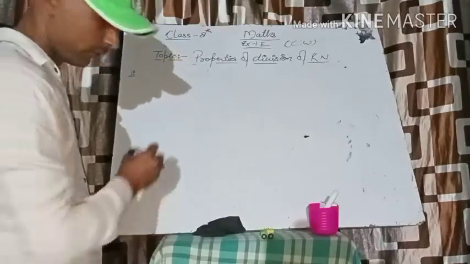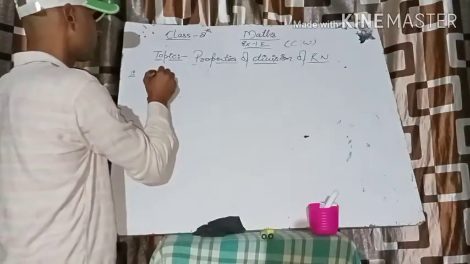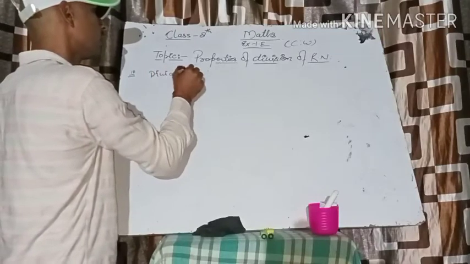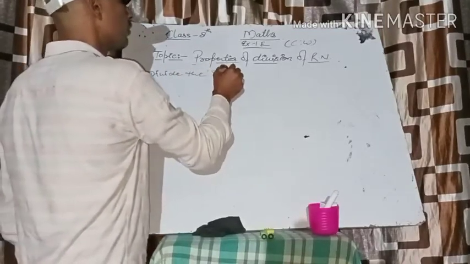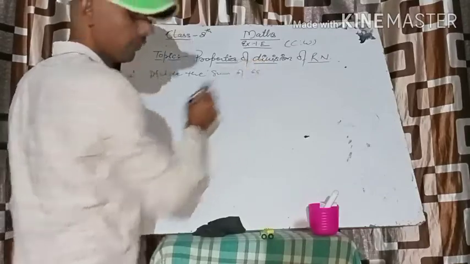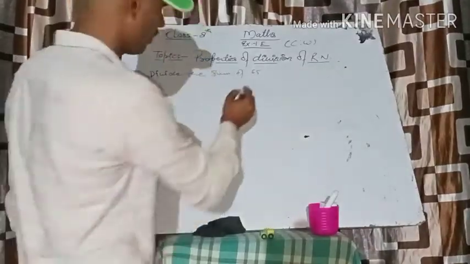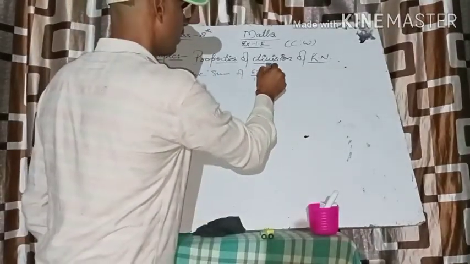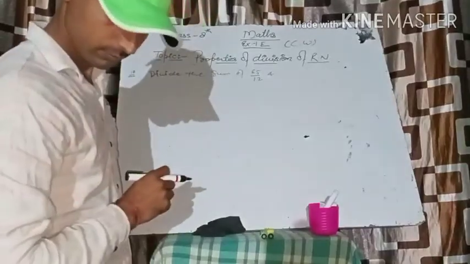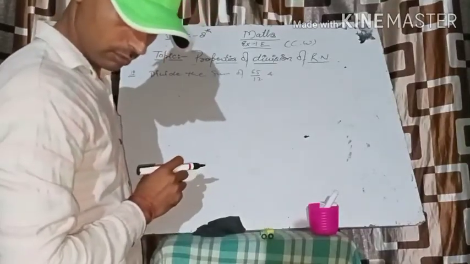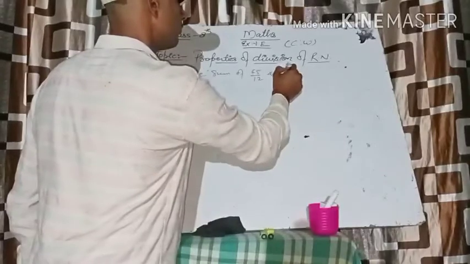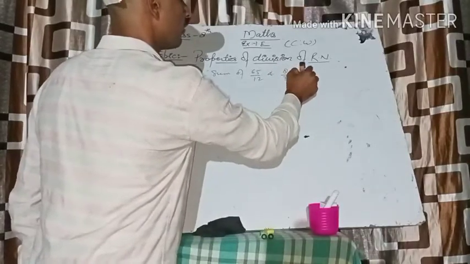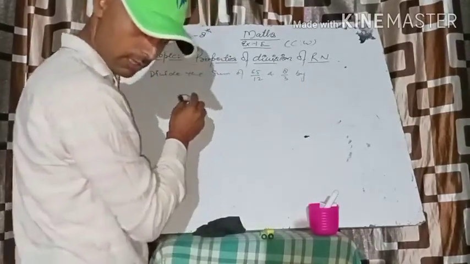Divide the sum of 65 by 12 and 8 by 3 by their difference.